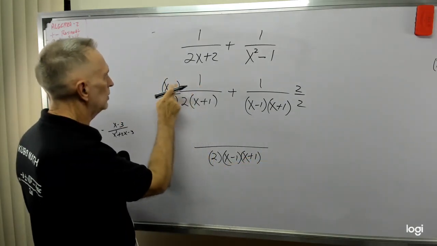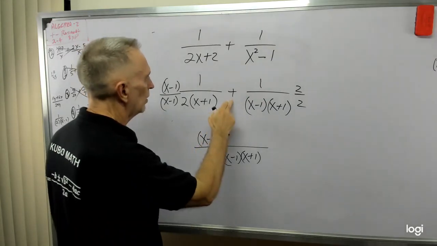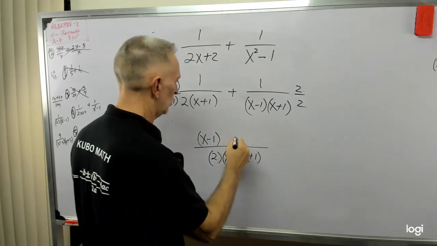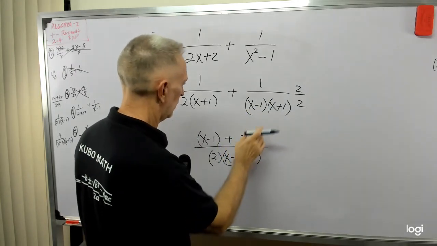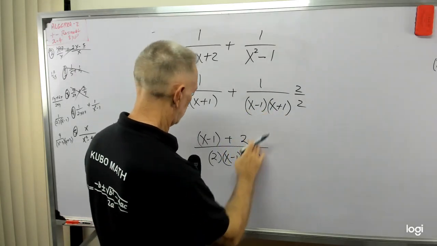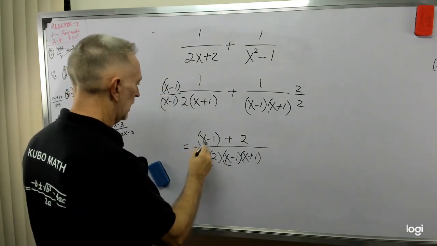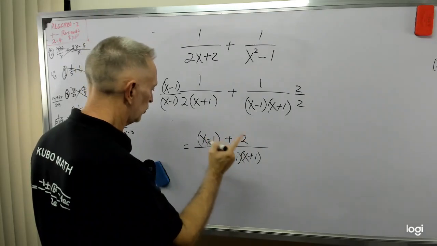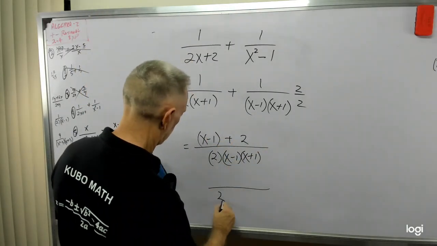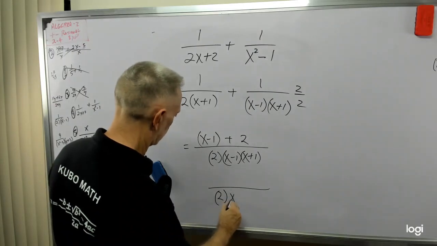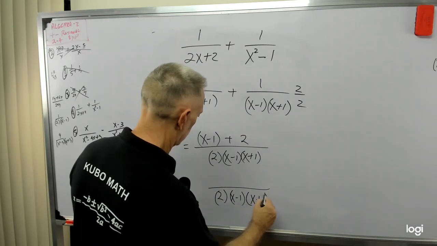And now 1 times x minus 1 is x minus 1, plus 2, over x minus 1 times x plus 1, so all of this. So now I have x minus 1 plus 2, with the denominator pulled down, 2 times x minus 1 times x plus 1.